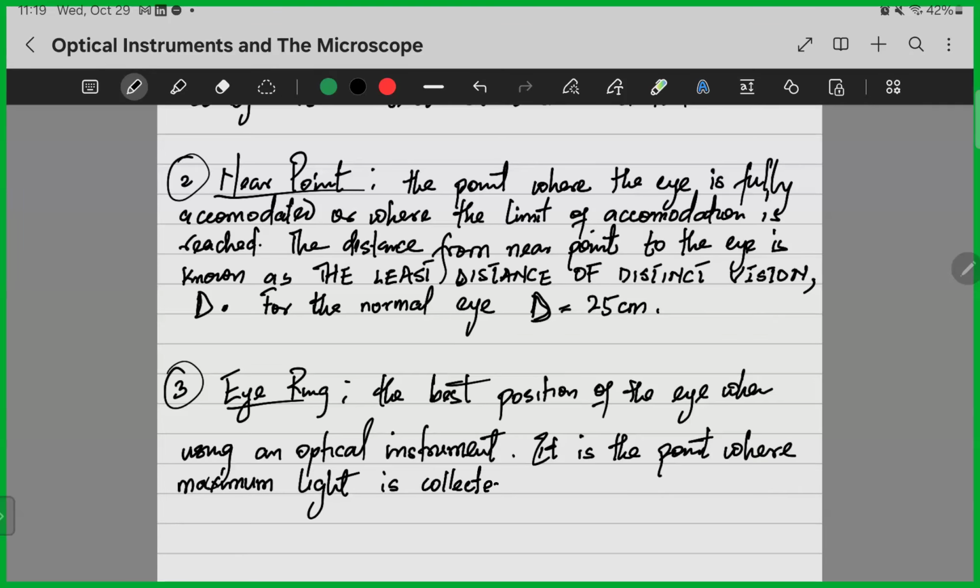Let's quickly now go and talk about a compound microscope. We just talked about the simple microscope. Let's go ahead and talk about compound microscope.